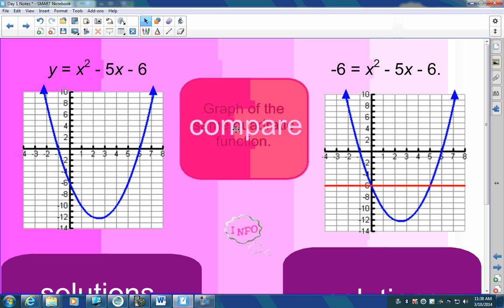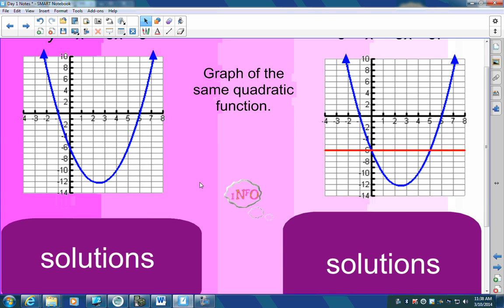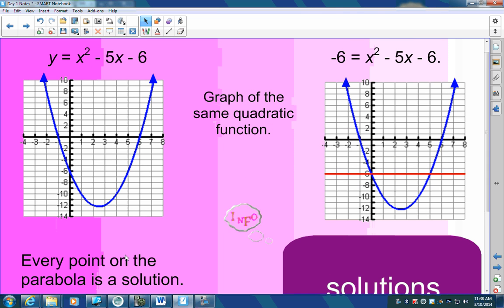Okay, so on here, it says compare the graphs of the same quadratic function. So right here, I've got an equation. It says y equals x squared minus 5x minus 6. And this one says negative 6 equals. The only thing different is this says negative 6 and that says y. The solutions to the one where it says y equals, every point on this parabola is a solution.